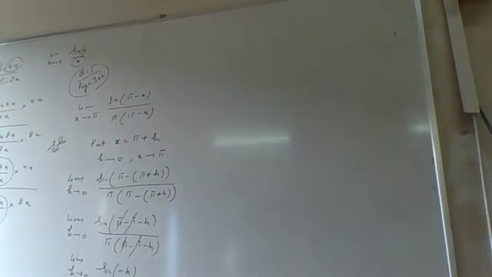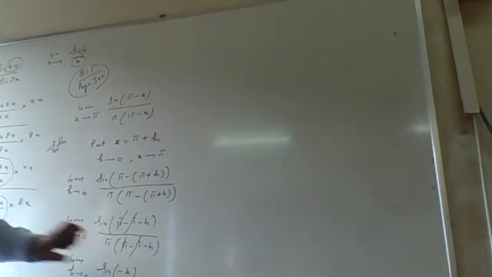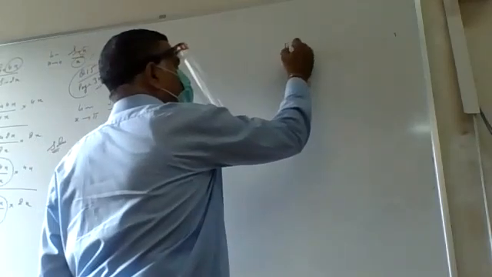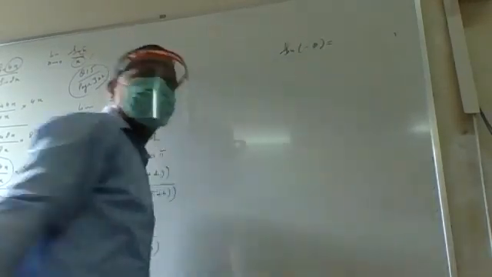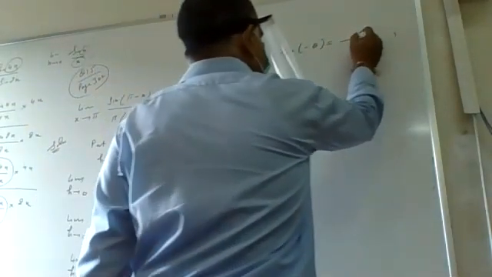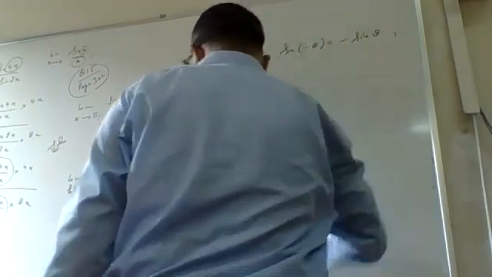I hope it's clear. Sine of minus theta. What is the value of sine of minus theta? The sine of minus theta is equal to minus sine theta. What has come here?